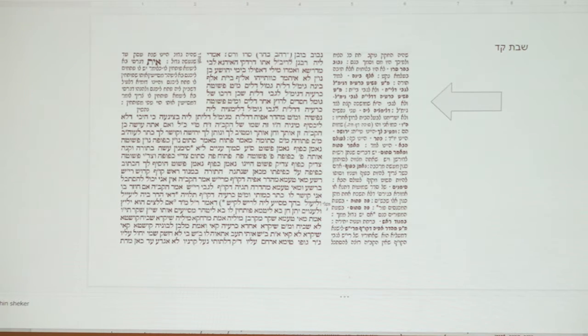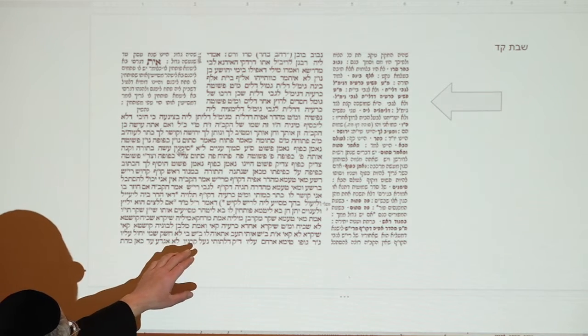So the Gemara says, shekel in the raglayim.